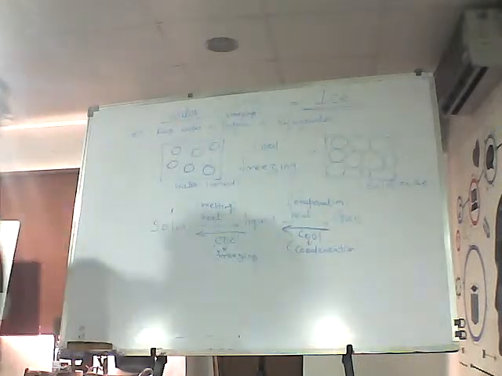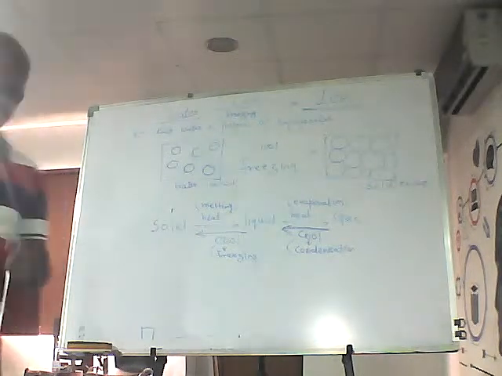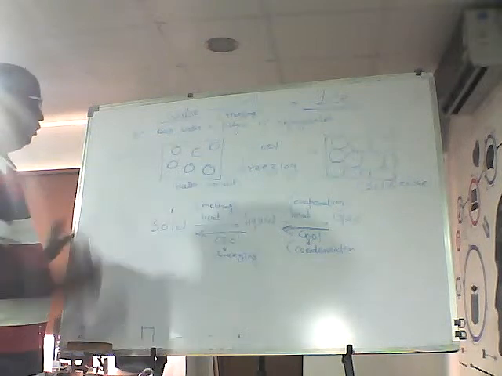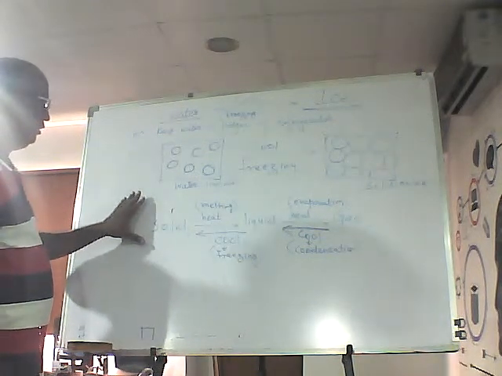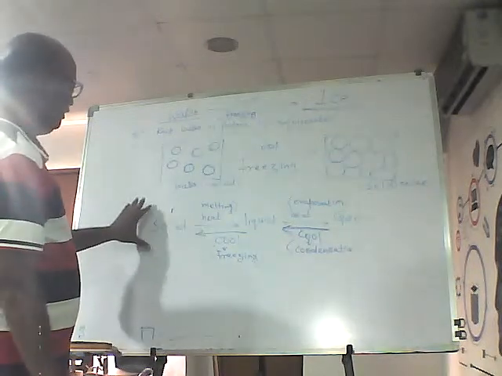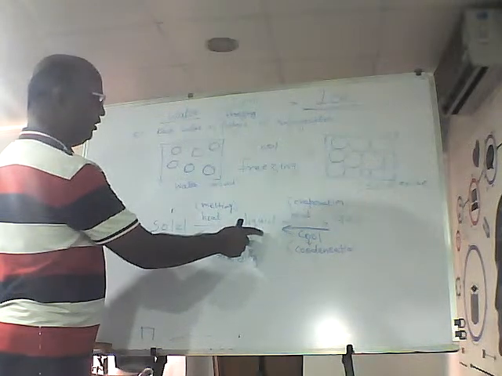So why are all these things happening? These things are happening because of the position of the molecules. In solid, the molecules are very close to one another. When we heat the solid, the molecules gain energy, they move away from each other, they convert into liquid.